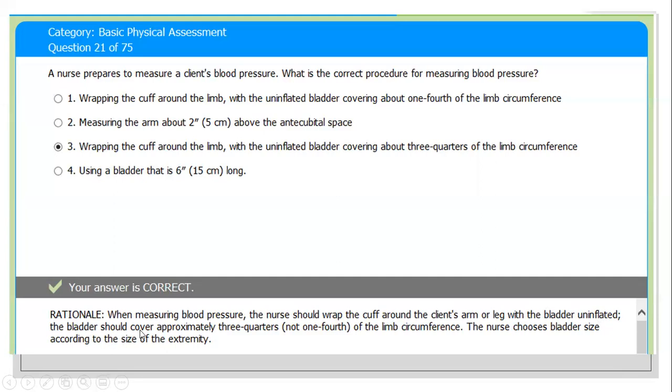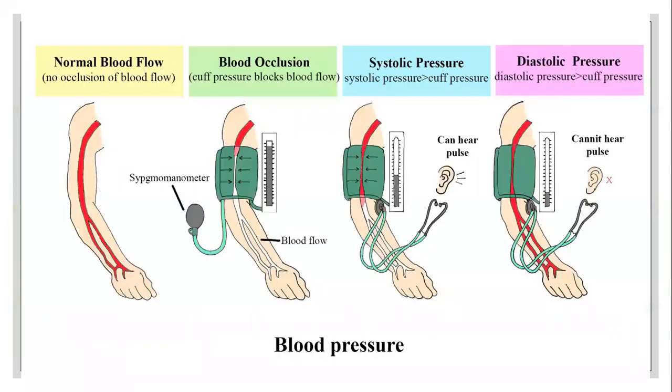The bladder should cover approximately 3/4 of the limb circumference. The nurse chooses the bladder size according to the size of the extremities.